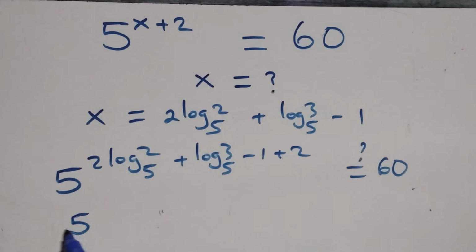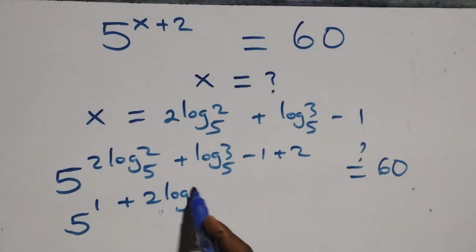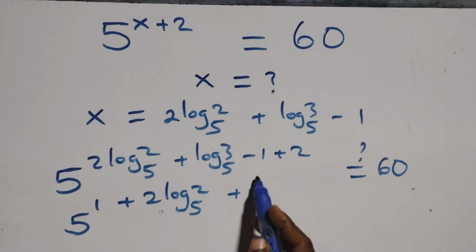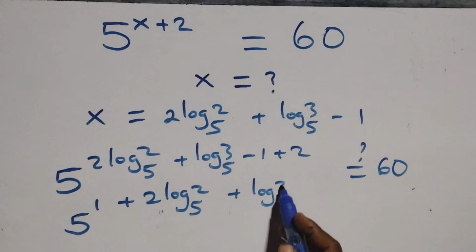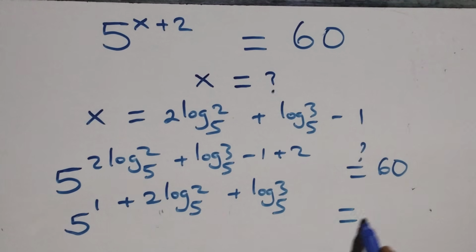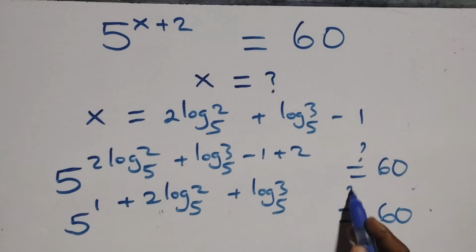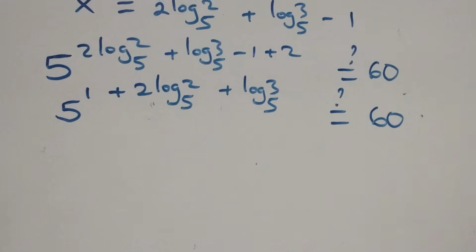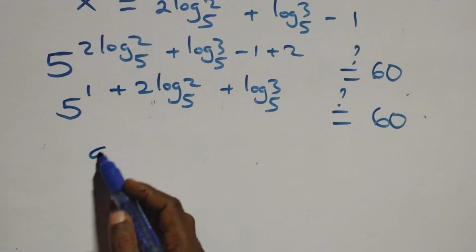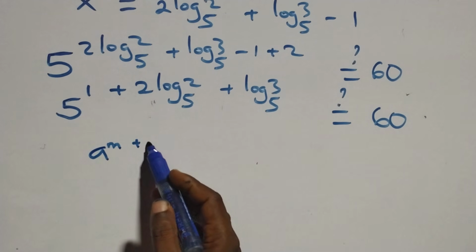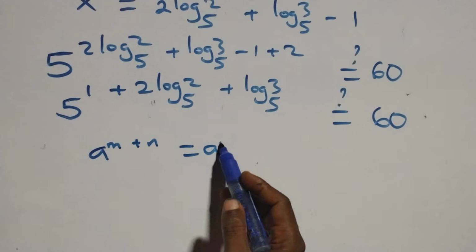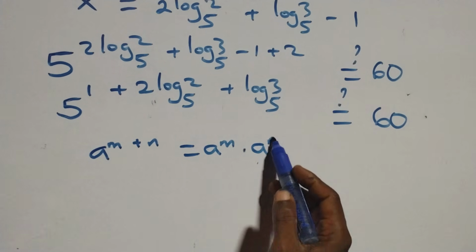We can write it as 5 raised to power 1 plus 2 log 2 base 5 plus log 3 base 5. This equals 60 on this side. Then we apply the law of indices. We have a raised to power m plus n. This is the same thing as a raised to power m times a raised to power n.